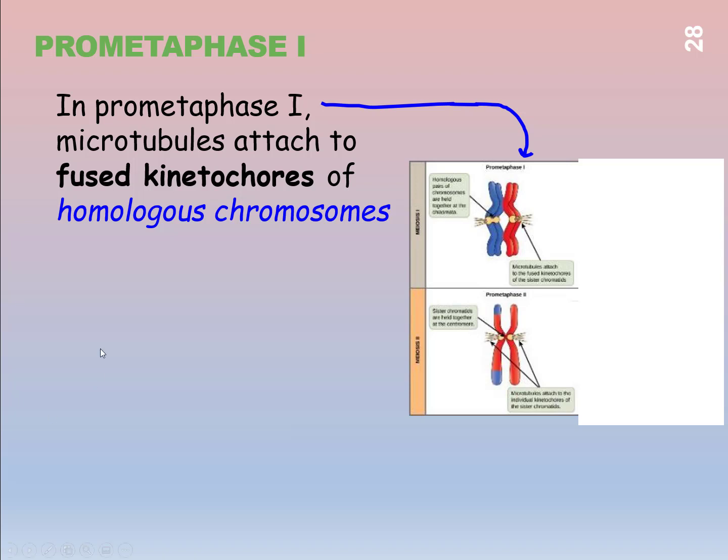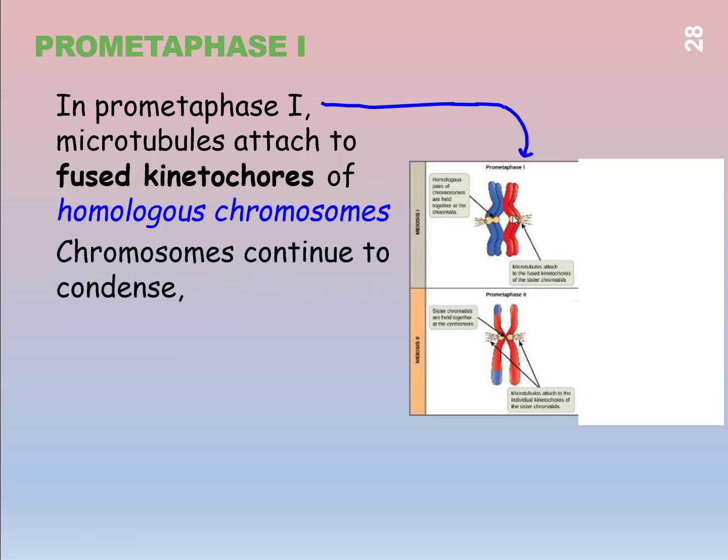What we want to remember is that while the same things are going on, the microtubules are attaching to the kinetochore, which has become fused because these two sister chromatids are not going to separate yet. So these kinetochores are actually joined together, and the microtubules are attaching to that single, joined kinetochore.